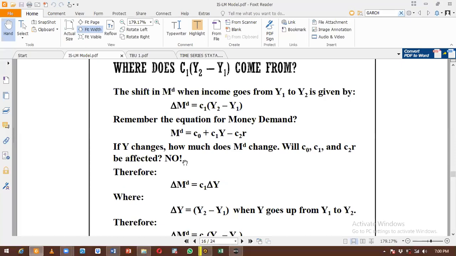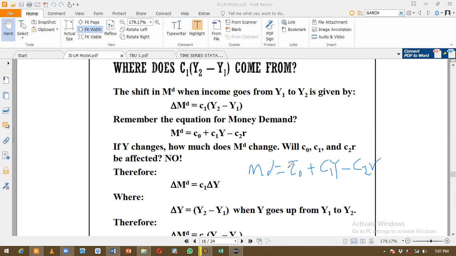When you take the money demand function, the equation can be written as C0 + C1Y - C2R.